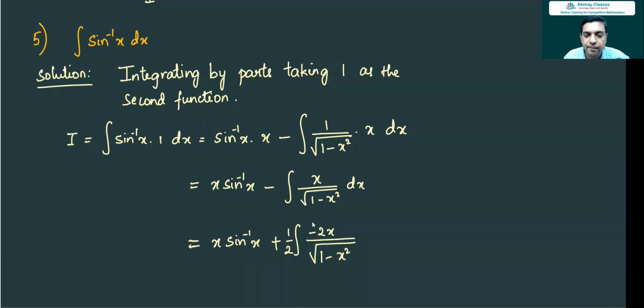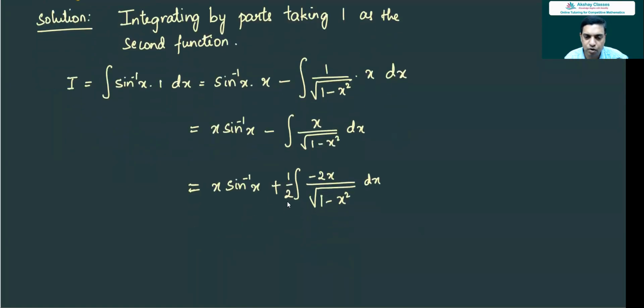So I get this in the form f dash x by under root f of x. Or you substitute 1 minus x square as t, minus 2x dx will become dt upon root t. Under root t integral with respect to t is t power half upon half. So 2 under root t.